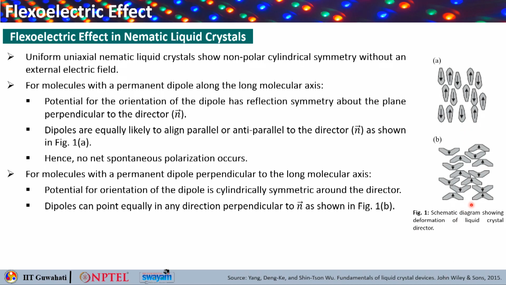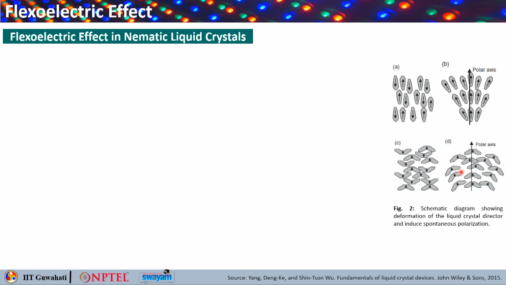The director will be in this direction, but the dipoles can point equally in any direction that is perpendicular to the director, right? So in that case, here again no net polarization can be seen. So your polarization is again 0 in the uniform state.